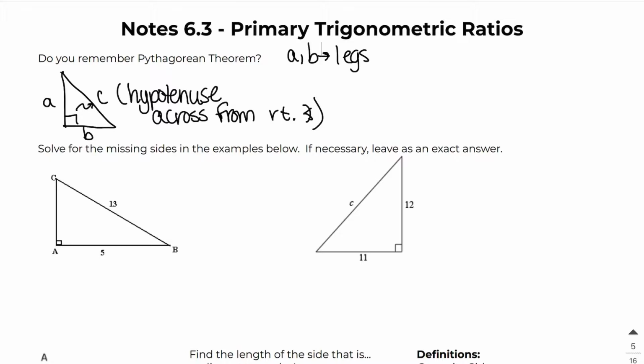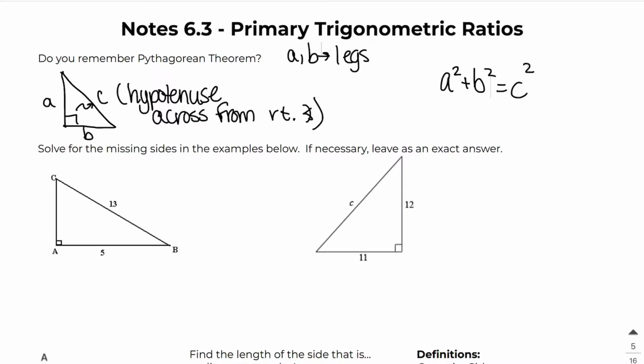So whenever we have a right triangle, it always satisfies the equation a squared plus b squared is equal to c squared. And we can isolate some of these to solve, but generally I like to just leave it as a squared plus b squared equals c squared, plug in my numbers, and then isolate.